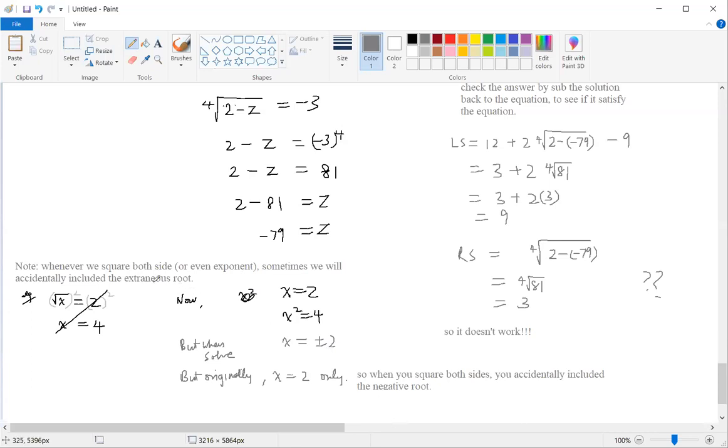So it's not necessarily that negative is wrong. In some questions the negative root will work also, and in some the negative is correct and the positive is wrong. Is it clear? Does it answer your question?